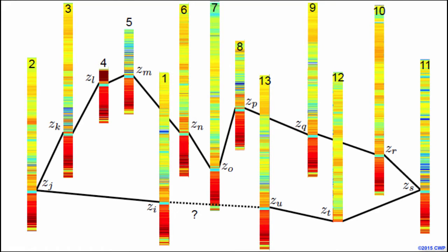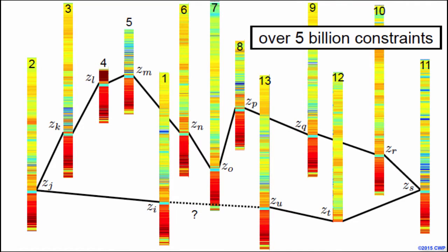There are in fact over 5 billion different ways in which we can draw a distinct path among 3 or more wells in this set of 13 wells. And so this gives us over 5 billion constraints per set of corresponding depth. And if we have just 1,000 sets of corresponding depths, this gives us over 5 trillion constraints, which are then used in the alignment error calculation.